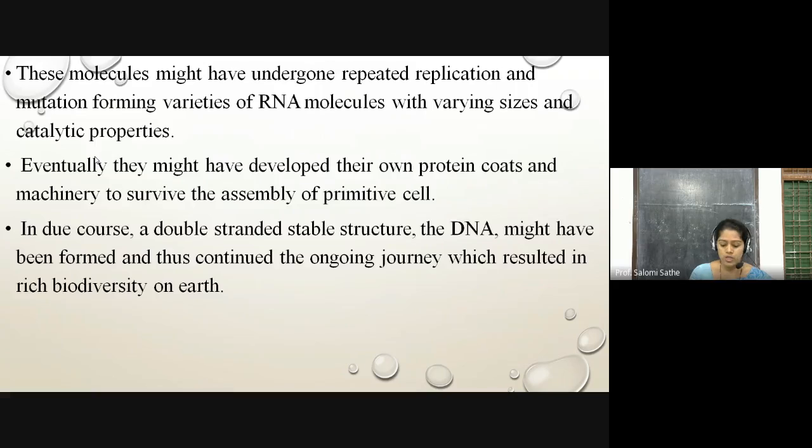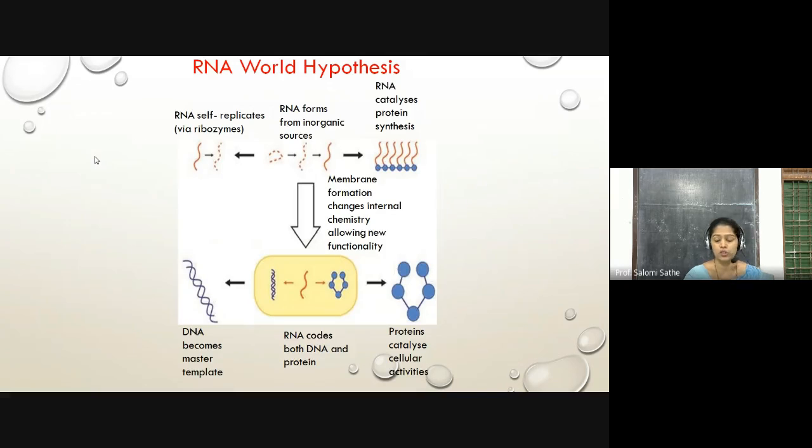In due course, a double-stranded stable structure, that is the DNA helical structure, might have been formed and thus continued the ongoing journey, which resulted in rich biodiversity on Earth as we learn today. This is the diagrammatic representation of the RNA world hypothesis.